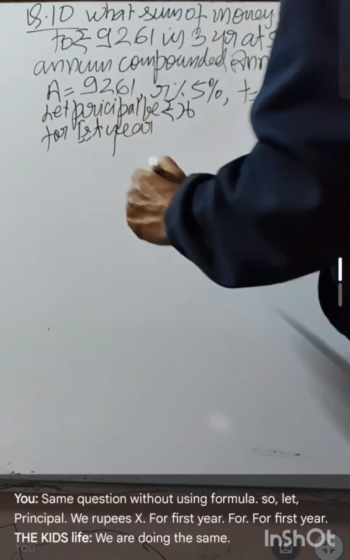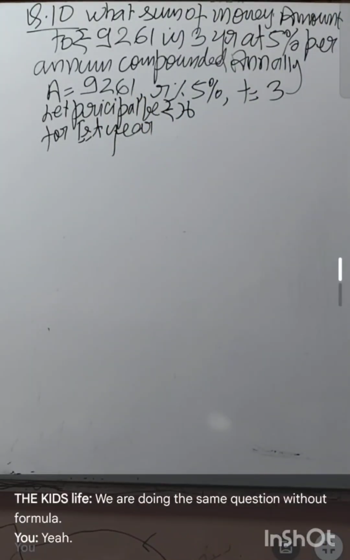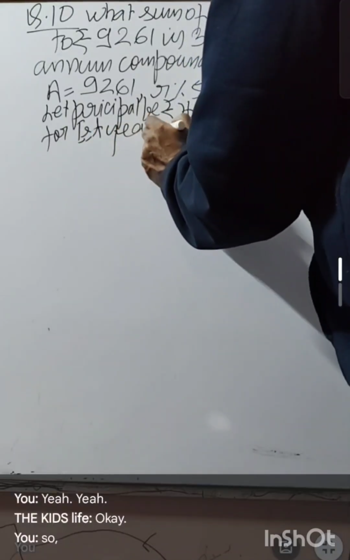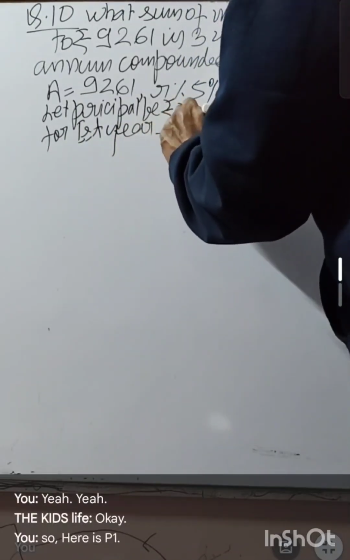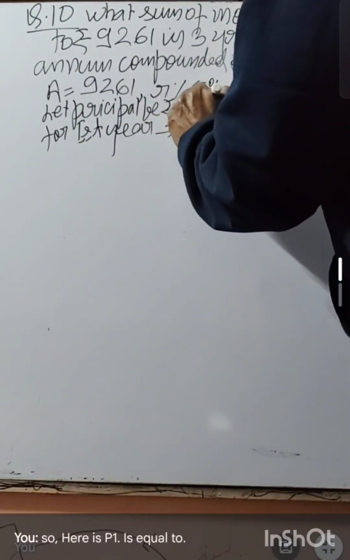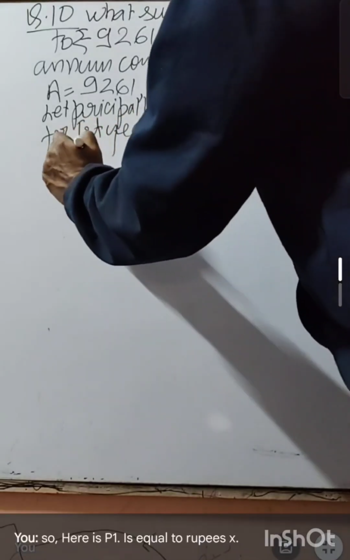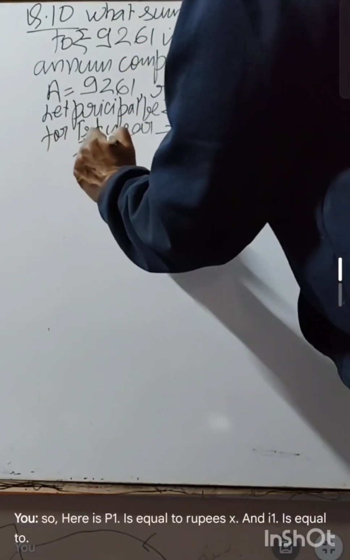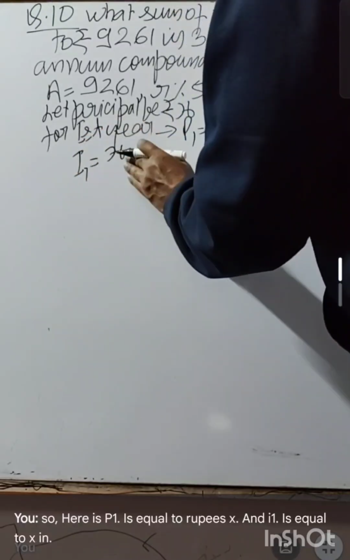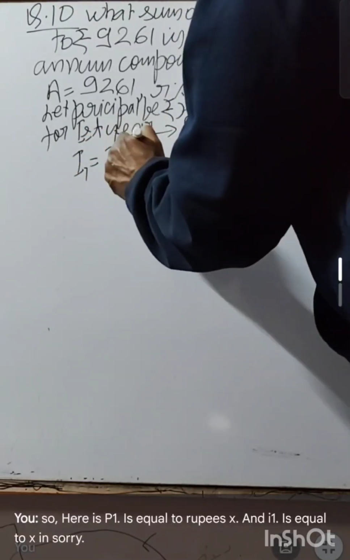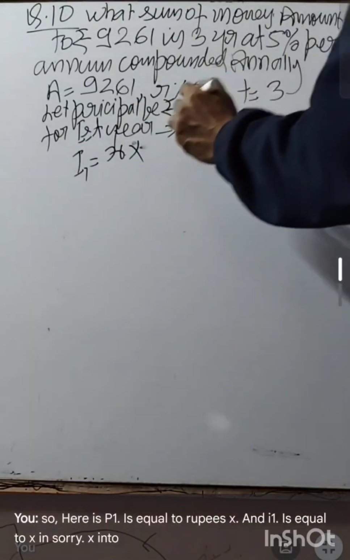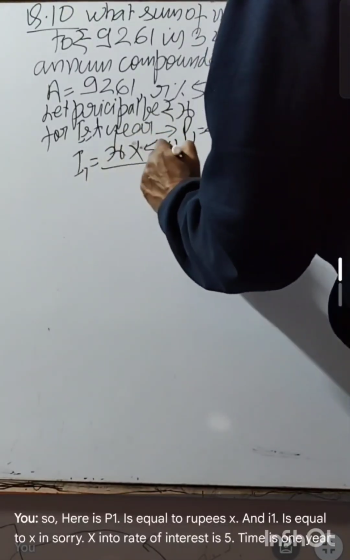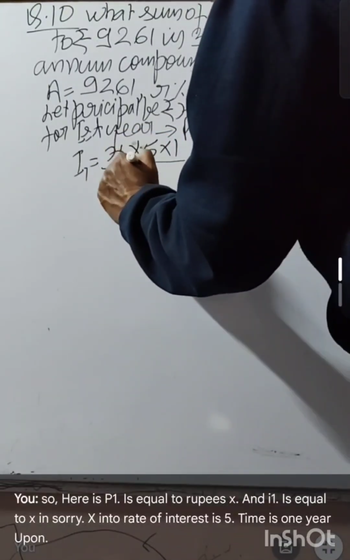Sir, we are doing the same question without formula. So here P1 is equal to rupees X and I1 is equal to X into rate of interest 5, time 1 year upon 100.